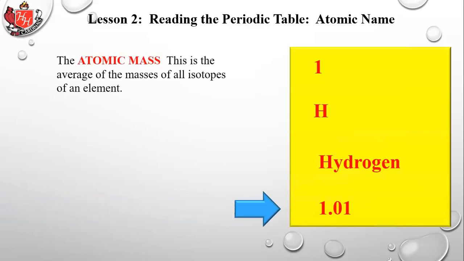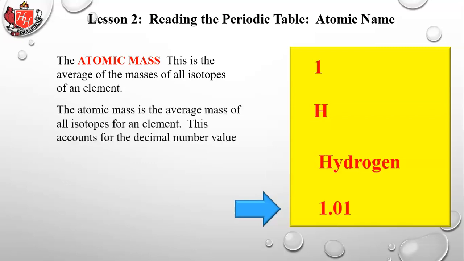Finally, the atomic mass. This is the average of the masses of all of the isotopes of an element. The atomic mass is the average mass of all isotopes of an element. This accounts for the decimal number. So if the majority of hydrogen isotopes had the mass number of 1, and occasionally you found an isotope that had a mass number of 2, in other words, it had a proton and a neutron attached to it, then you'd have an average that's slightly above 1.